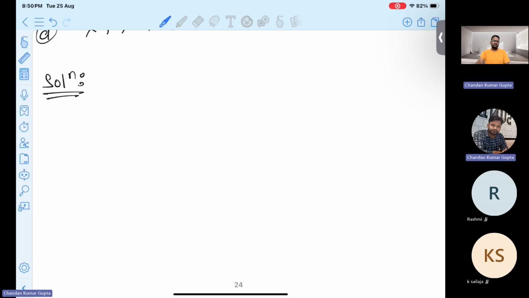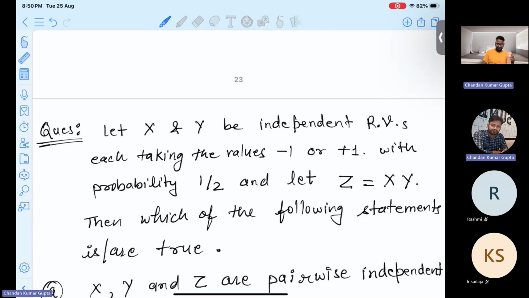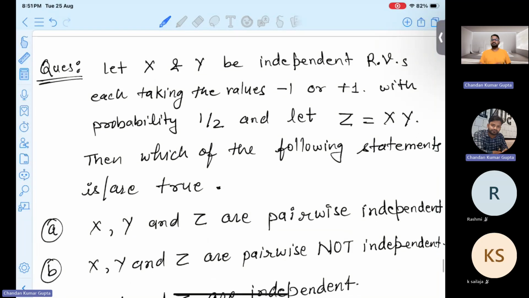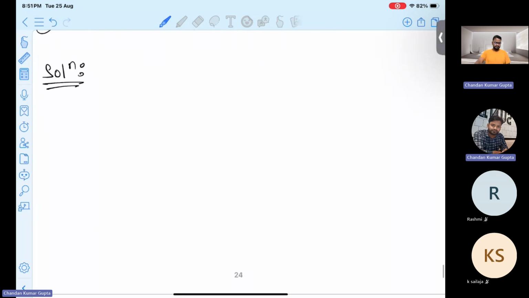What we are given here is that X and Y can take only two possible values, -1 and +1, with probability 1/2, 1/2, and Z equals X into Y, the new transformed random variable.